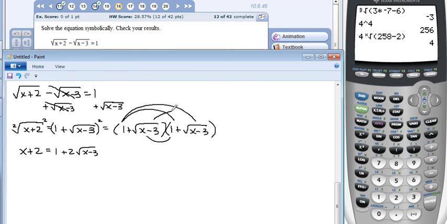And then I have this. The square root of x minus 3 times the square root of x minus 3. Remember what that was? We can say that's the square root of x minus 3 squared. I've got two of them, which is x minus 3. Okay? We have a positive and a positive, so these are all positive things.